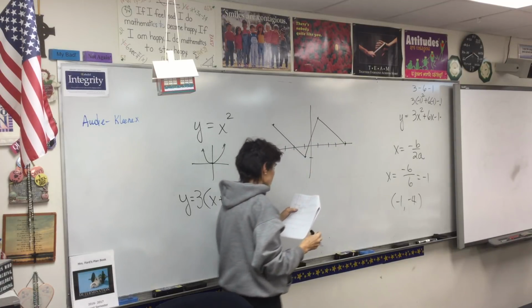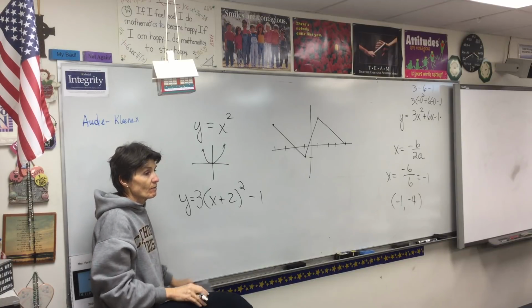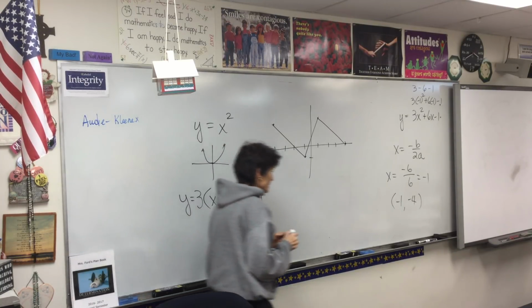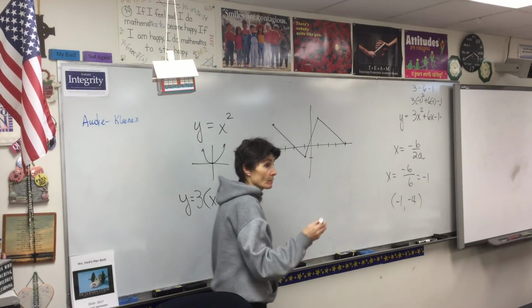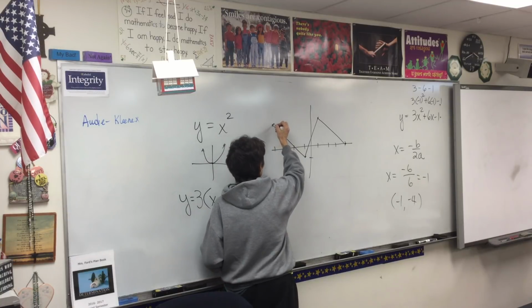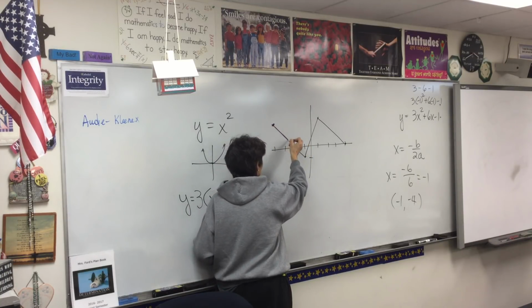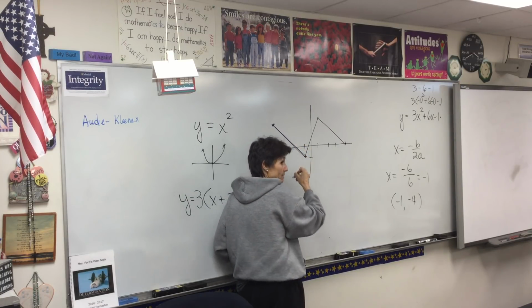Alright, so we want to describe, or write down, the intervals where this function is decreasing. Decreasing means moving down, right? So if I start drawing from left to right, aren't I going down? Till I get to here, right?